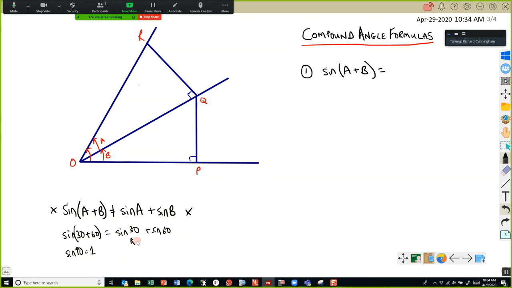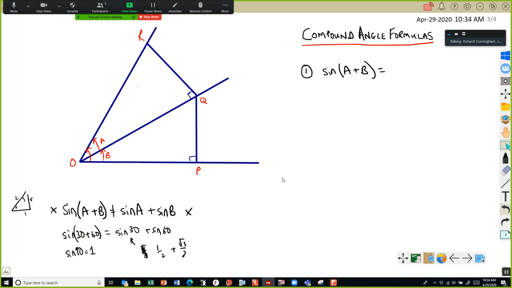Sine of 30, if I think of my 60, 30 triangle with sides 1, 2, root 3, is a half. Plus sine of 60 is root 3 over 2. These two things added together do not give me 1, okay? So this is not true. Please do not make that mistake.